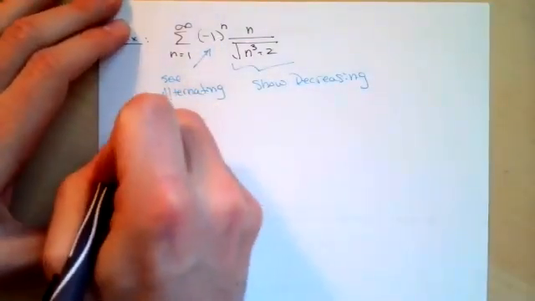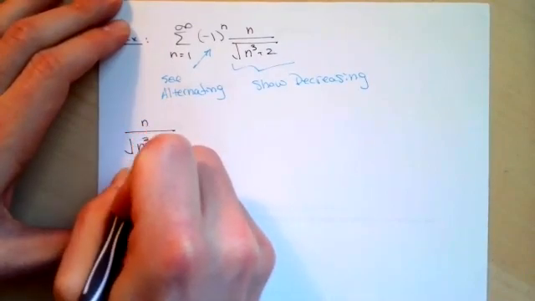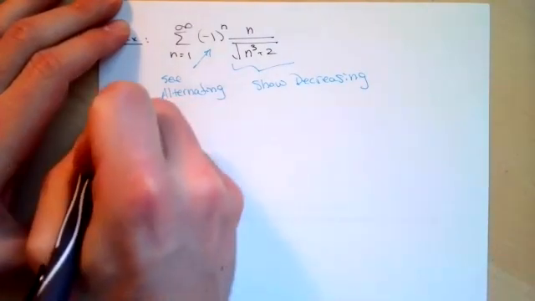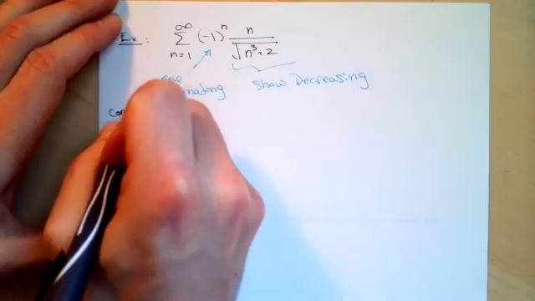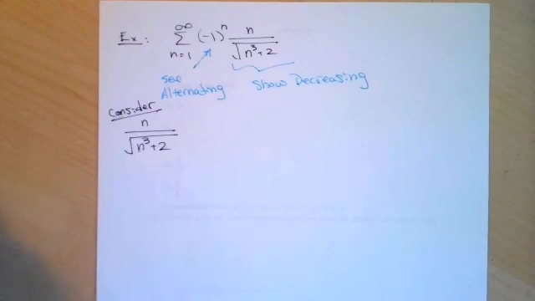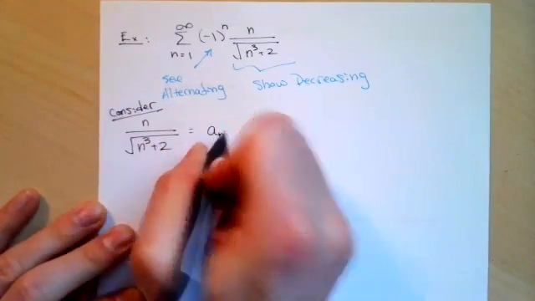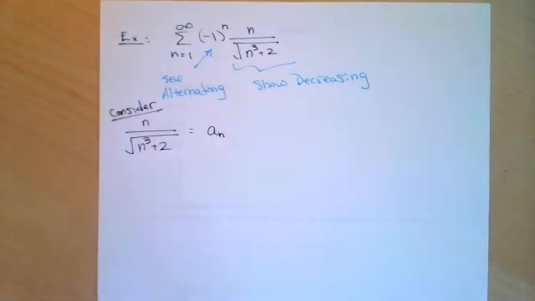So we consider just our sequence of terms without the alternating part. Let's call these a sub n, and we want to show that it's decreasing. There's a couple of ways to do that.